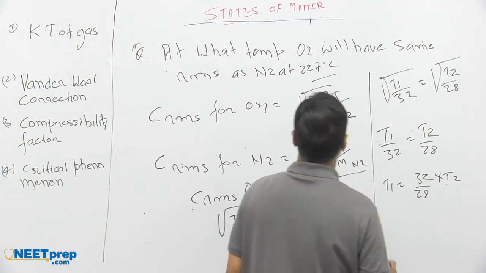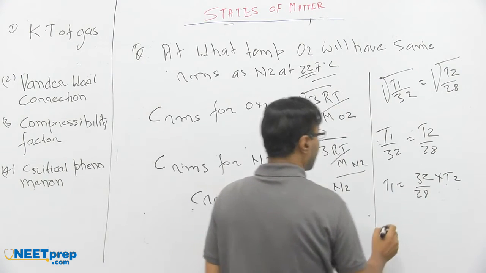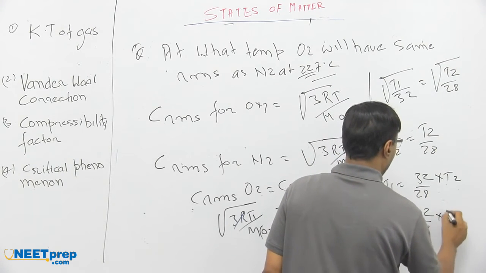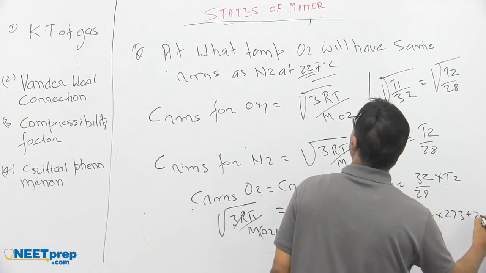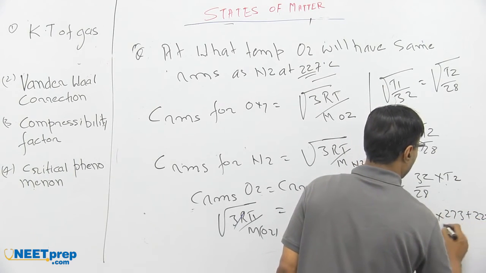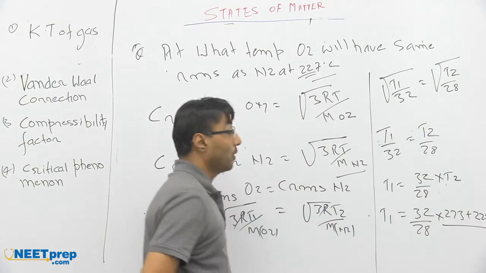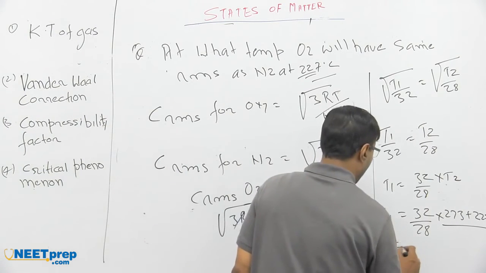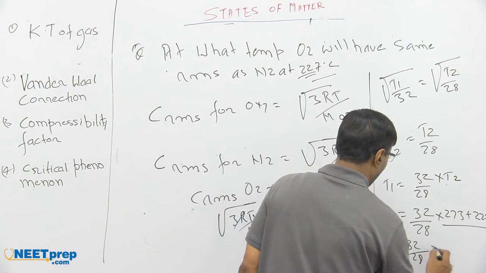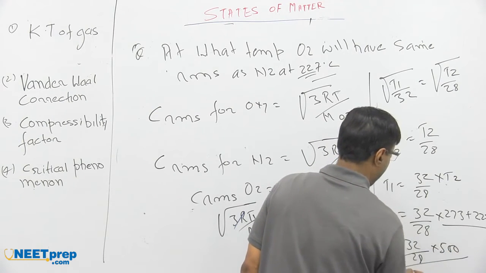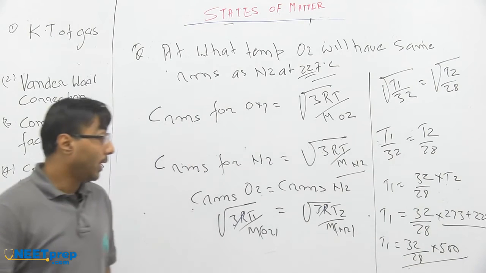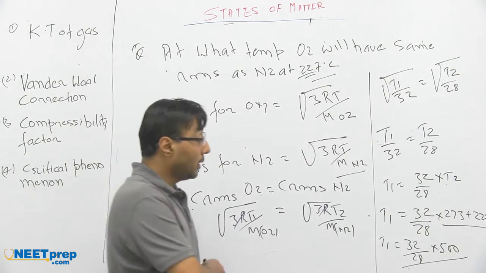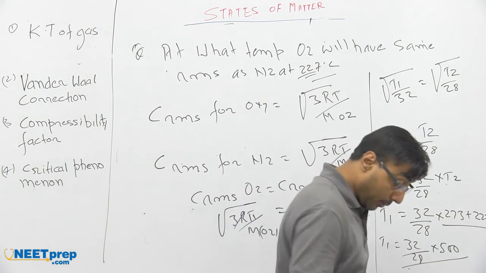What is the value of T2? It's 227 degrees Celsius. It means T1 is equal to 32 by 28 into (273 plus 227). So it is 500. T1 is equal to 32 by 28 into 500 Kelvin. As we know, 32 by 28 is slightly more than 1, so the answer will be approximately 550.